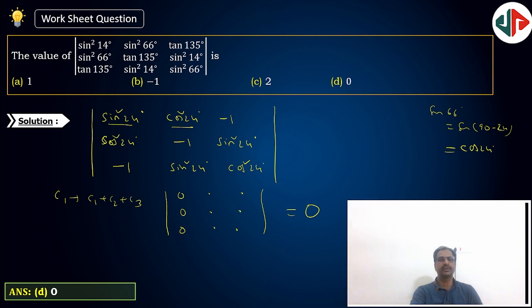It is not 14 degrees, it is 24 degrees. And here sin 66 is sin of 90 minus 24, which is cos 24. For column 1, apply C1 plus C2 plus C3. Column 1 becomes 0.